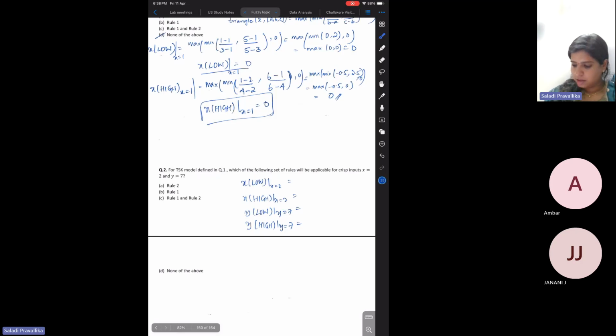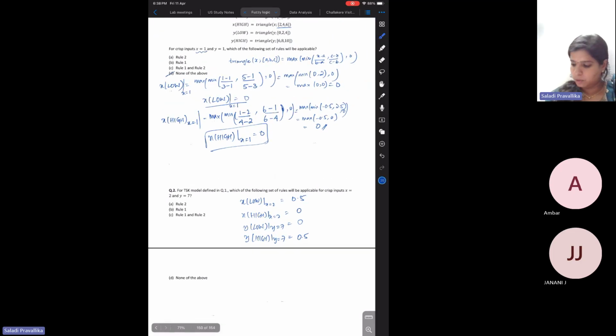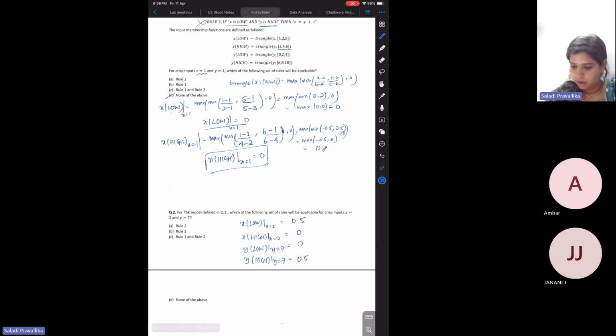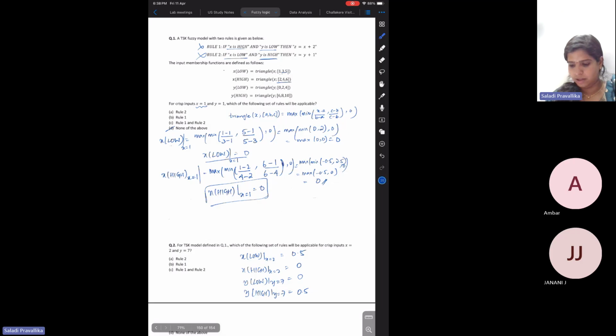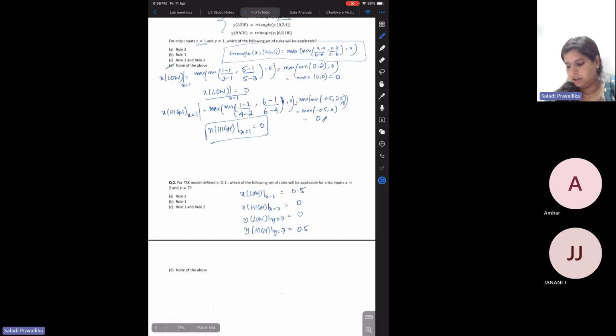So X low is 0.5, Y high is 0.5, and these are zeros. To obtain them, you just have to put these values x equal to 2 and y equal to 7, and the a, b, c values which are already defined in the previous one. Here, you just have to put it in this equation, and then you will get your membership values at given x values and at given y values. So these are the membership values that we have got for x equal to 2 and y equal to 7 at low and high.